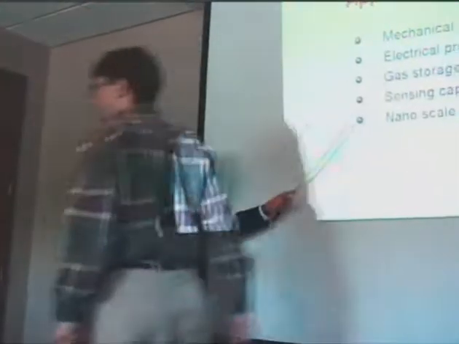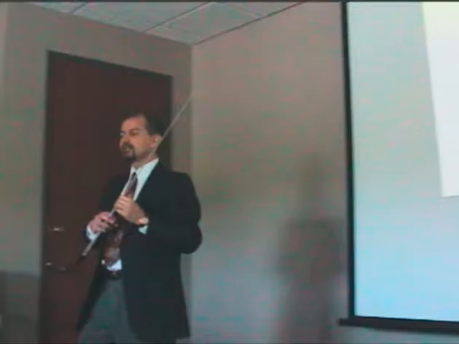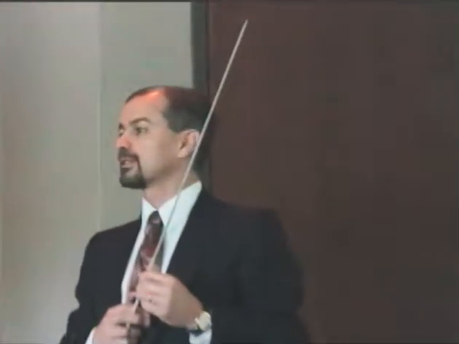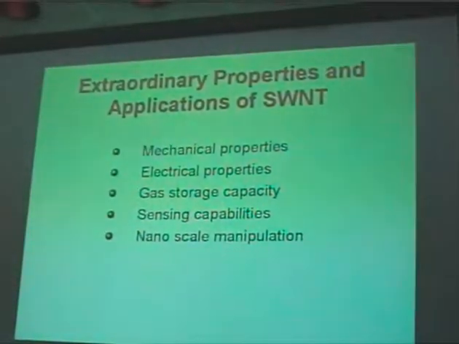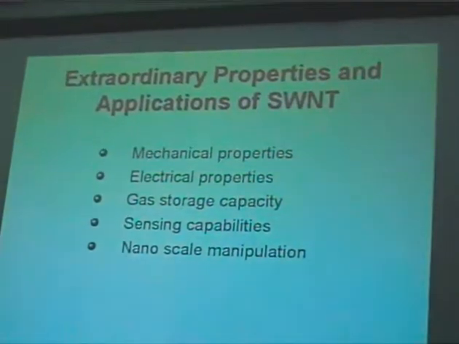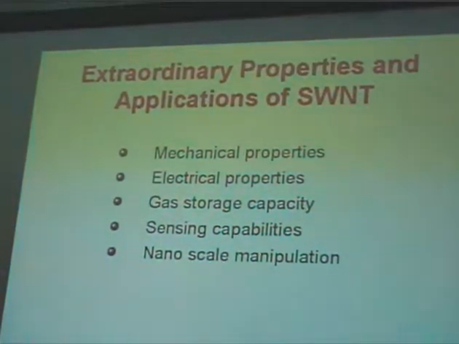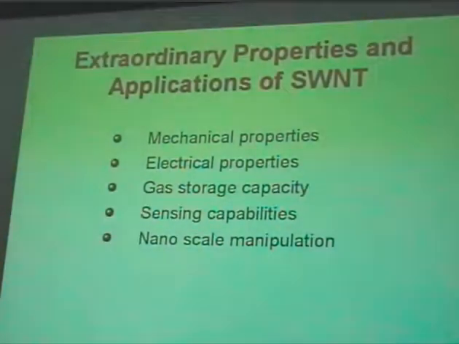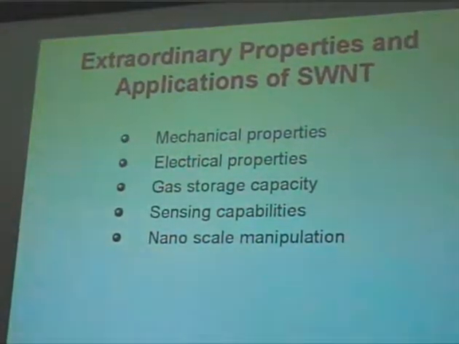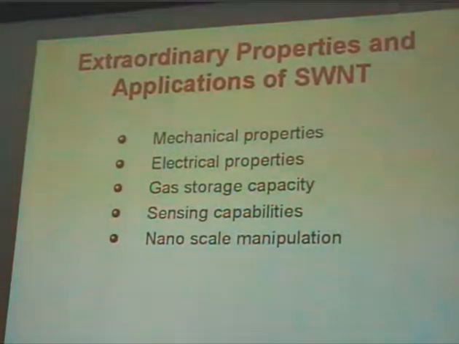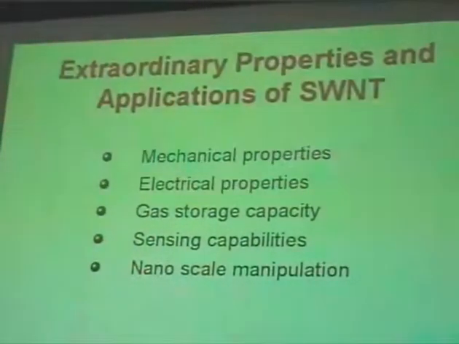A lot of people are working on using single-wall nanotubes as adsorbents for the storage of gases. It has been proposed that they can be used as sensors if they are chemically modified or chemically attached with a sensing tip. And all of this on the really small scale of 1 nanometer diameter and a few microns long.